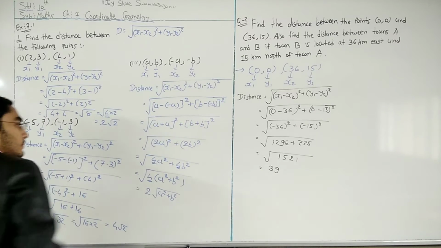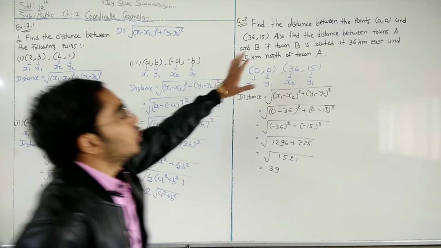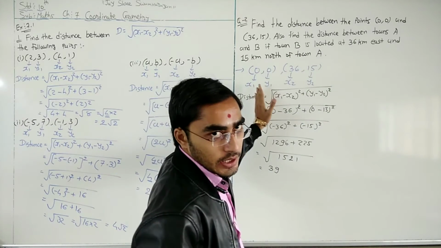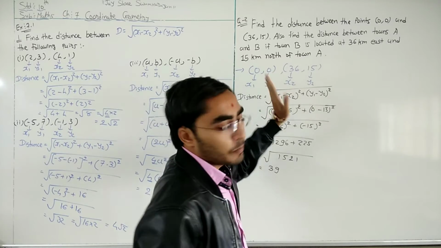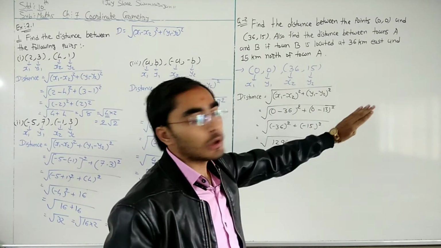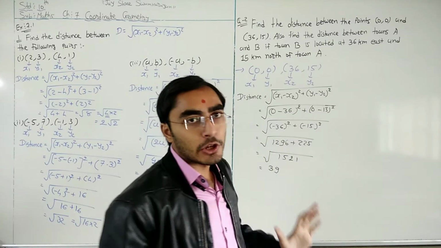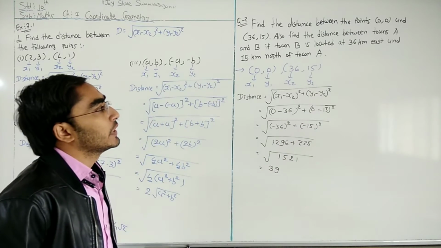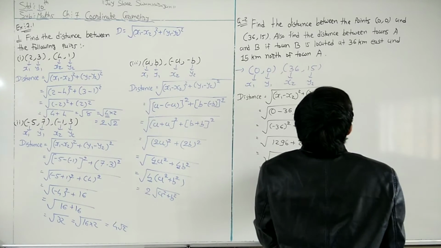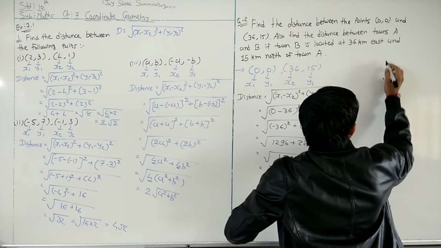Now second question. Also find the distance between towns A and B if town B is located at 36 km east and 15 km north of town A. So first of all we put town A at the origin.